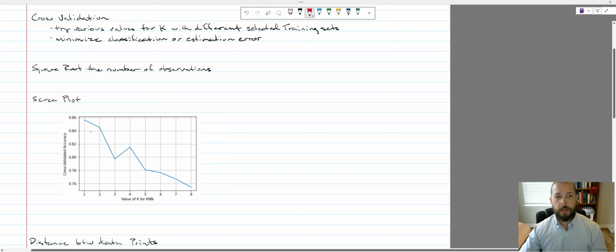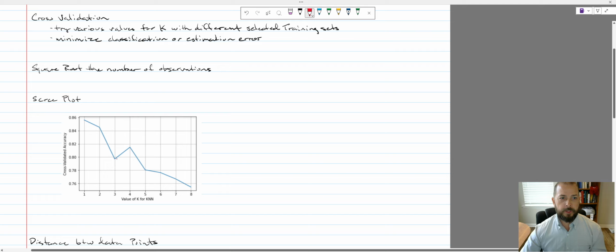And so forth. Now, if you were to plot this, K, the number of Ks, versus the accuracy, this is what we call a scree plot. What you would see is that as your accuracy goes down, and sometimes up, there will oftentimes be a jump at a certain value, and this is what we call an elbow.